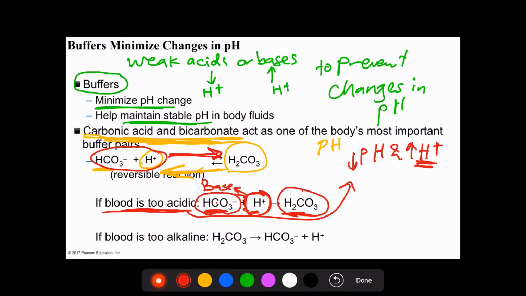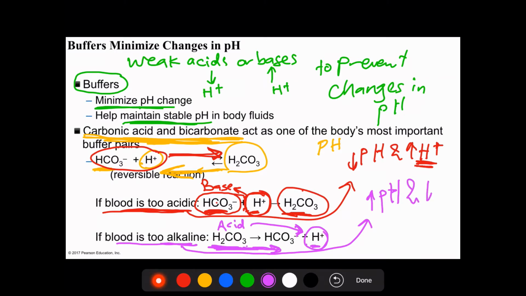Now, let's see if this carbonic acid is breaking down into bicarbonate and hydrogen. Now this bicarbonate, what do you think it's acting as? Right, it's acting as an acid because it's giving us hydrogen ions into the solution. Giving us hydrogen ions into the solution would lower the pH. So this reaction in our body would go if the blood is too alkaline. What does it mean it's too alkaline? It means that the pH is high and we have low hydrogen ion concentrations.